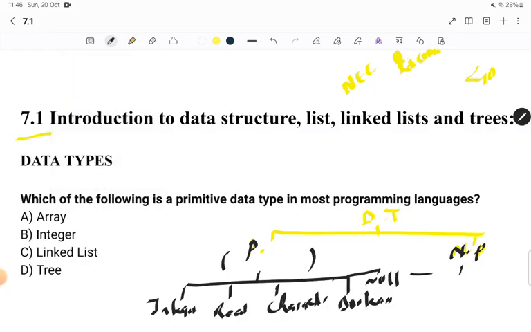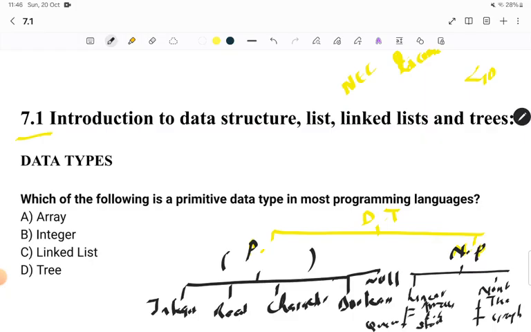Talking about the non-primitive data type, it is again divided into linear and non-linear. In non-linear we have tree and graph. In linear we have array, linked list, stack and queue. Sorry, I don't have any space here. So these are the primitive and non-primitive data types.